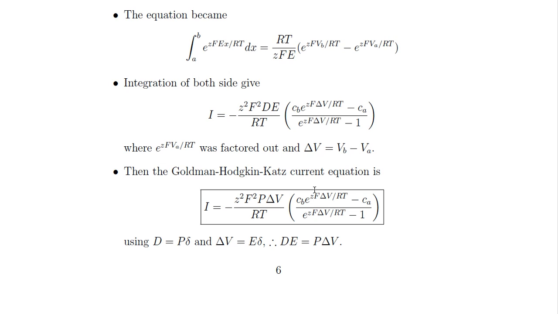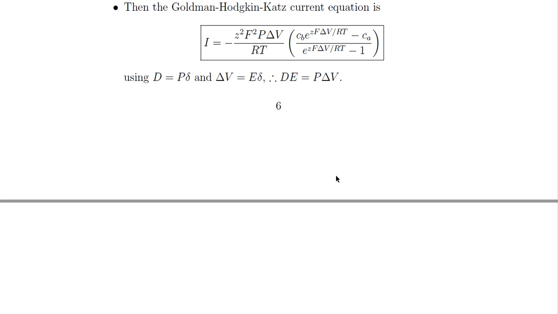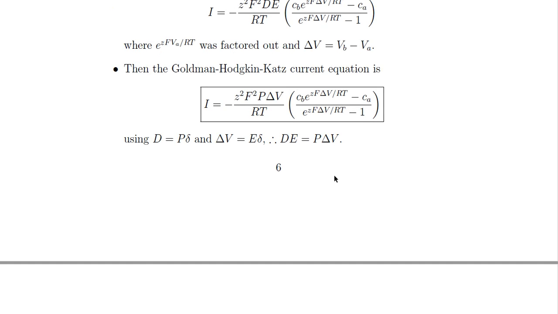We can measure the current using this delta V, the voltage difference between compartment A and compartment B, and also by measuring the concentration of the ion in compartment B and compartment A. So we can get this current equation.